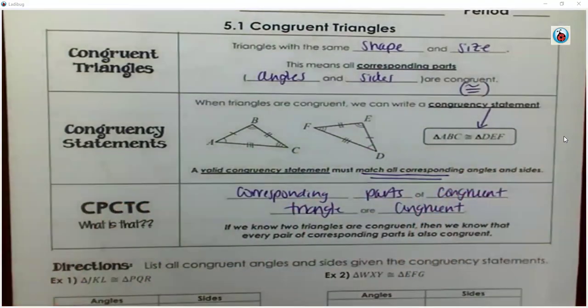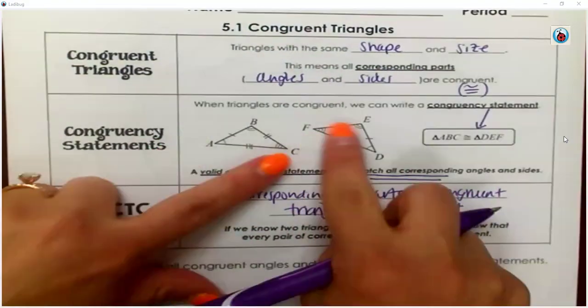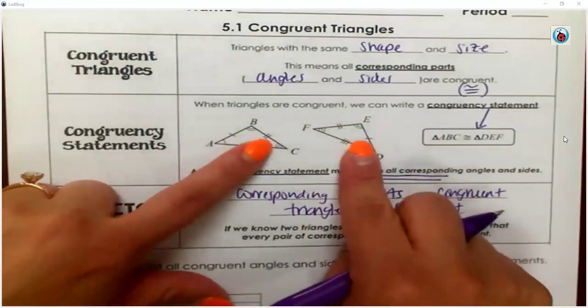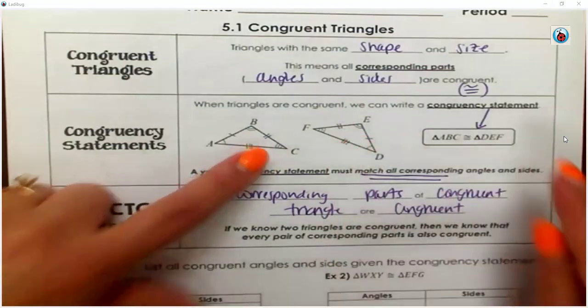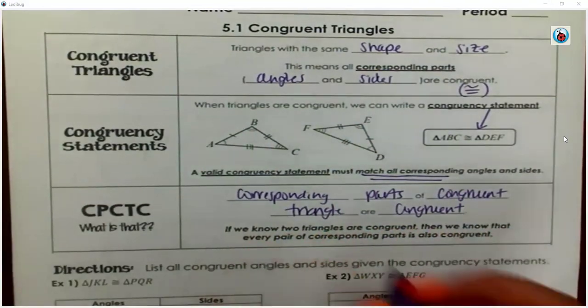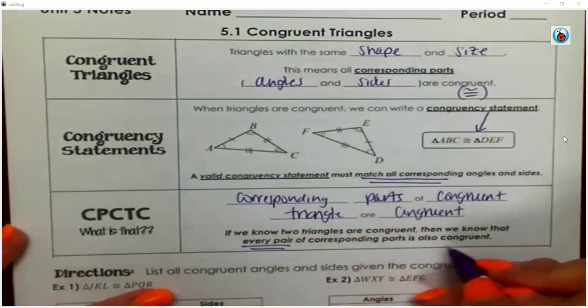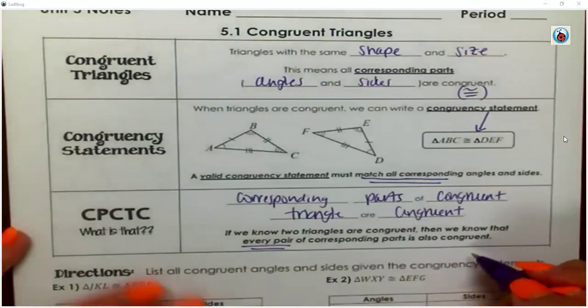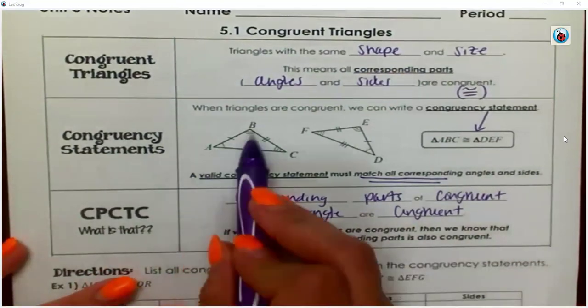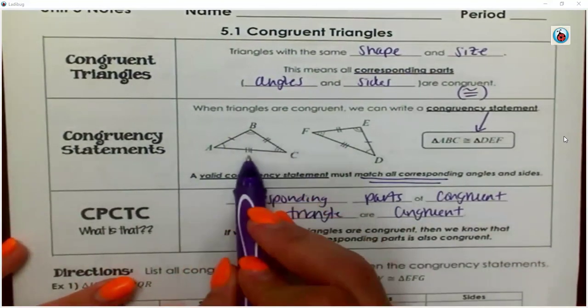That's basically saying that each part of a triangle is also going to be congruent if the triangles are congruent. If we know two triangles are congruent, then we know that every pair of corresponding parts is also congruent. And by a pair of corresponding parts, I'm referring to either the angles or the sides.